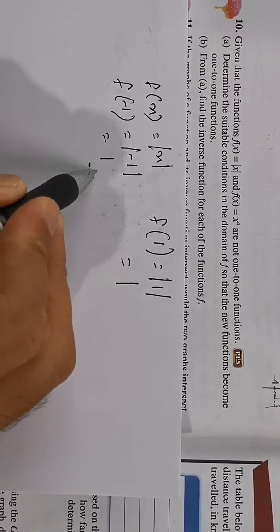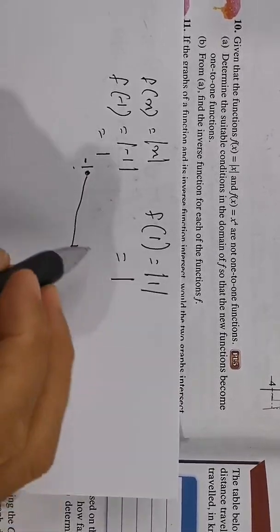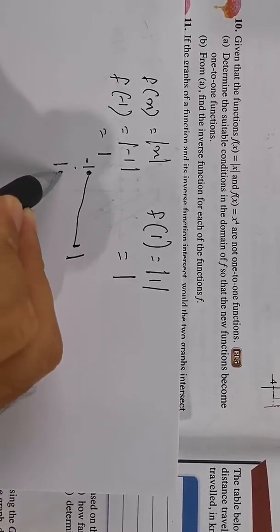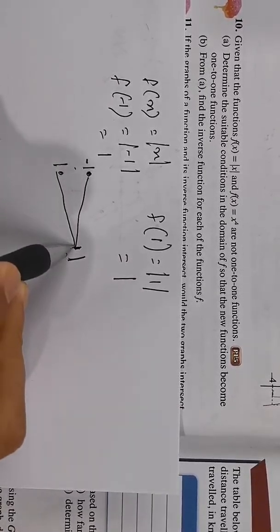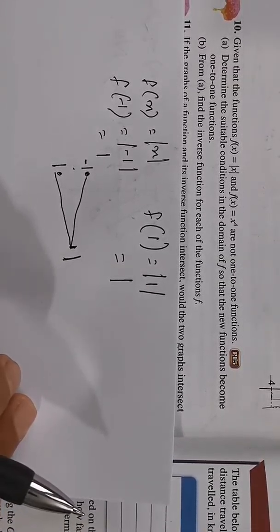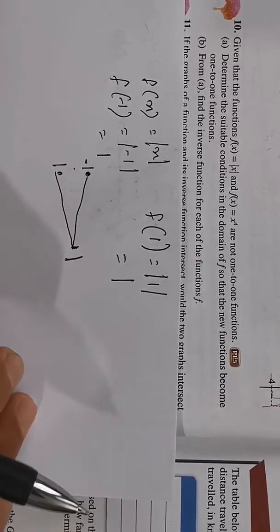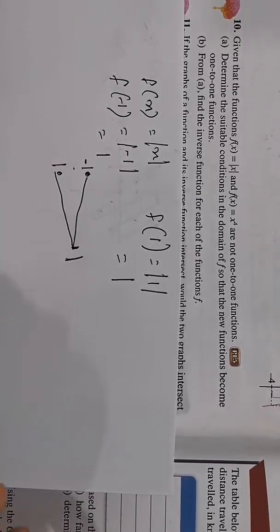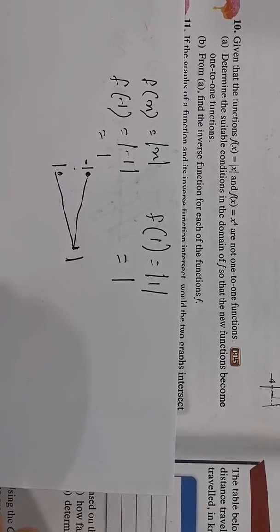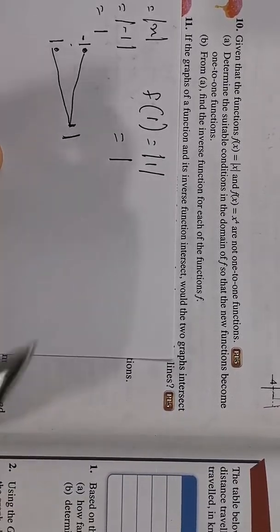First -1 goes to 1, and then 1 goes to 1 also. So this is a many-to-one relation, so it is not a one-to-one function.